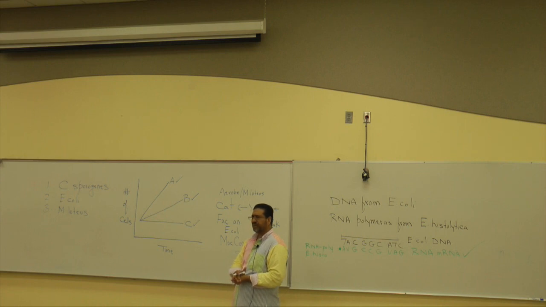E is facultative anaerobic. And Clostridium sporogenes is anaerobic. Most of you missed that question on the midterm because you thought it is obligate anaerobic. It is not obligate anaerobic because it grew in thioglycolate. That's why.